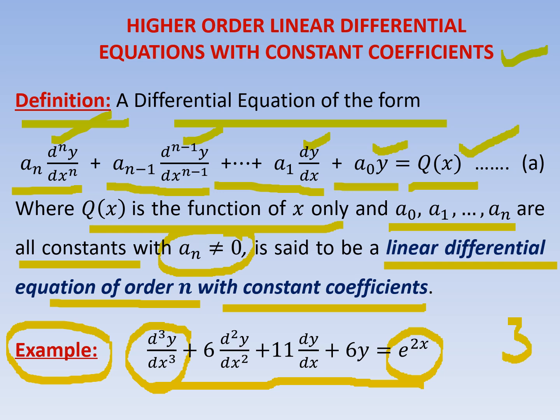And here, the coefficients of the dependent variable and its derivatives are numerical values, which are constants. Thus, this is an example of a linear differential equation of order 3 with constant coefficients.